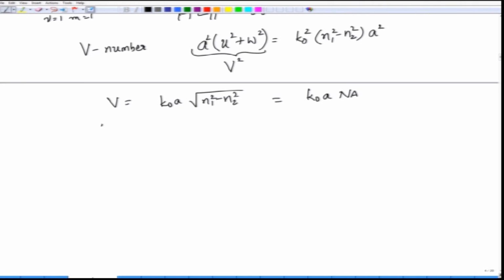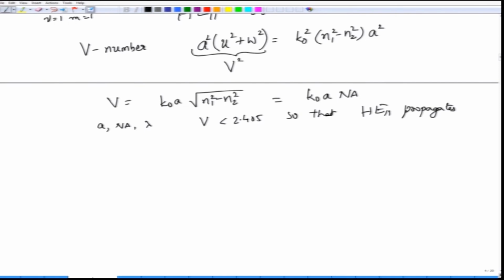As before, if I fix a, if I fix numerical aperture and fix lambda, then for that particular lambda V has to be less than 2.405, so that only HE11 propagates. When you satisfy this condition, then we say that the fiber is single moded for this particular wavelength. Okay. If you can't satisfy this condition, then the fiber becomes multi-mode.